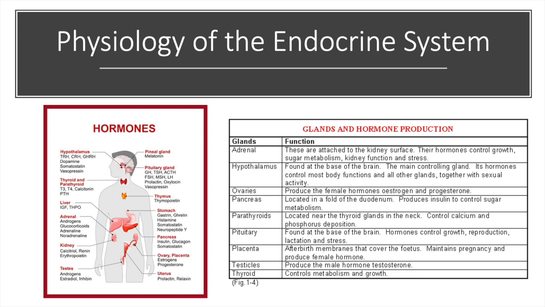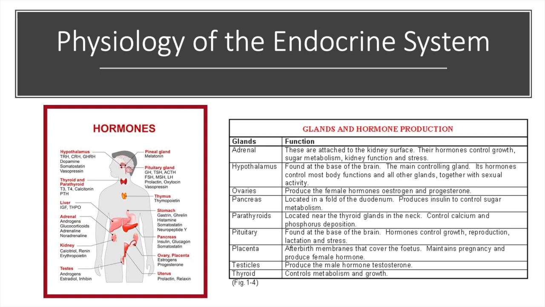It controls sugar metabolism, kidney function, and stress. That hypothalamus that's in the brain, actually at the base of the brain, controls hormones for body function, and essentially regulates all the other glands together with regulating and controlling sexual activity.